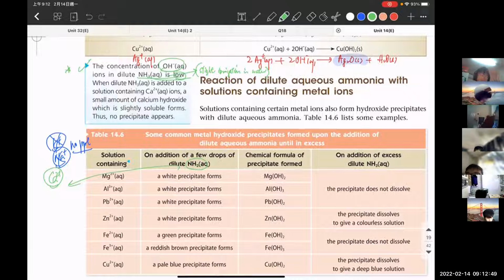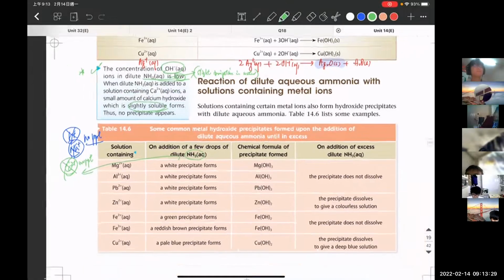The hydroxide will just combine with calcium, but as said before, calcium hydroxide, we call it lime water, is still a slightly soluble chemical. So the hydroxide ion is not in large enough amounts to produce PPT. So we will have no precipitate. All of you, please mark it down. Calcium, no PPT. Okay.